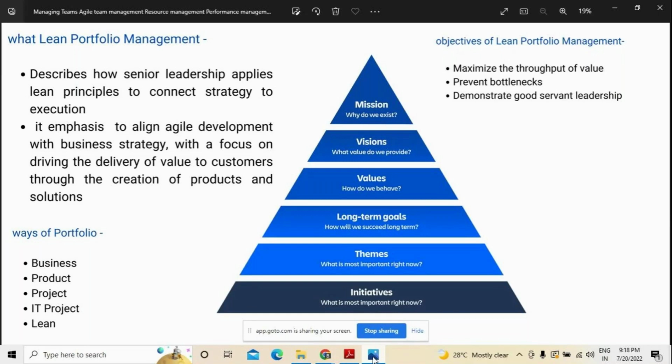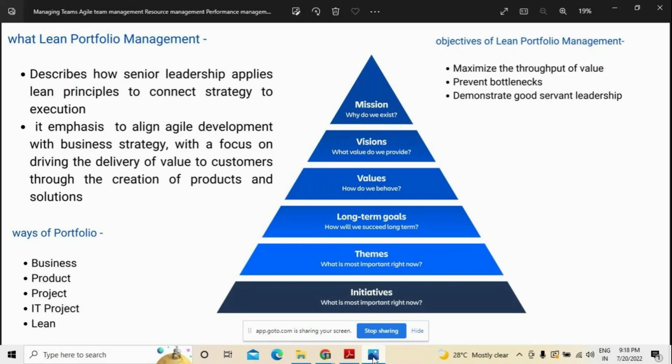They may need to develop the product. This product may not be an IT or software product all the time, right? So there may be a product which is something else, right? So what kind of products you are going to develop and what solutions are used for that, right? This is, in brief, what lean portfolio management is all about.